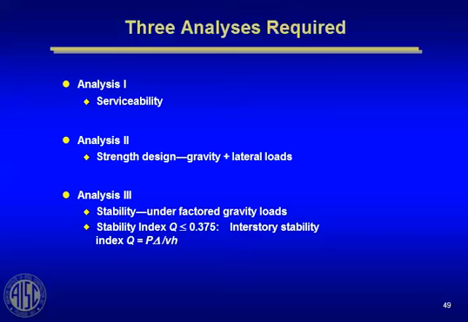It's also a term that's used in the literature a lot. Stability index Q. What is it? It's P, the sum of all the gravity load on the story, times delta, the story drift of that story relative to the story below, divided by V, the story shear on that level, divided by H, the story height.